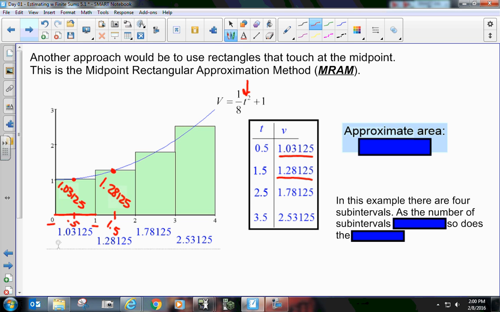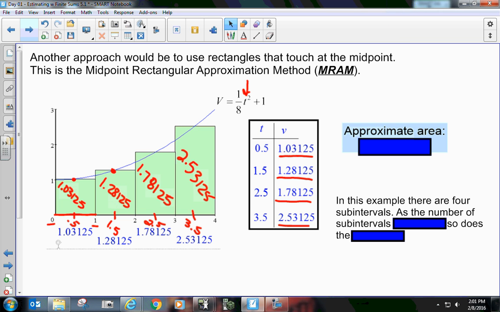What's in between 2 and 3? 2.5, right? And the area of that rectangle is 1.78125. What's in between 3 and 4? 3.5. And what's that area? 2.53125.